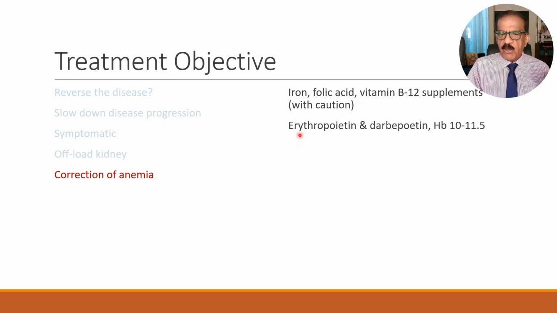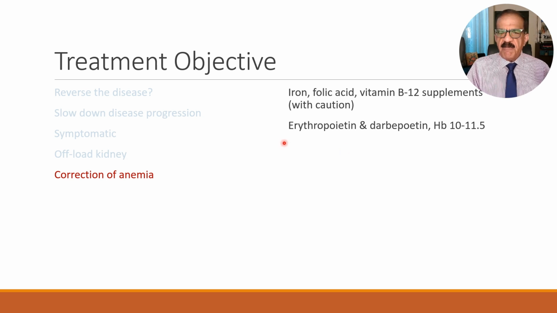So erythropoietin is available, and it is typically given 4,000 international units subcutaneously. Subcutaneous route is the best one. If you compare it with the intravenous or intramuscular, the subcutaneous route is the best one, because it stays in the system for longer and has a better effect. And darbepoetin is a derivative that can also be given.